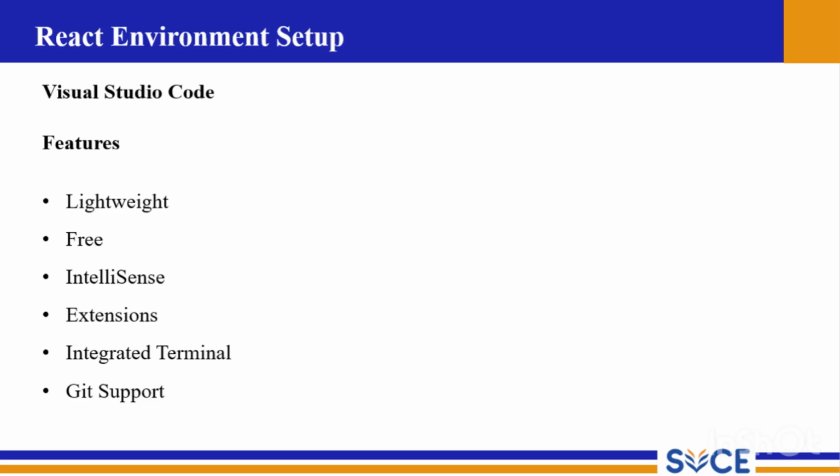Another useful feature is intelligent code completion, also called IntelliSense. As you type your code, VS Code automatically suggests functions, variables, and methods, helping you write code faster and reducing typing mistakes.